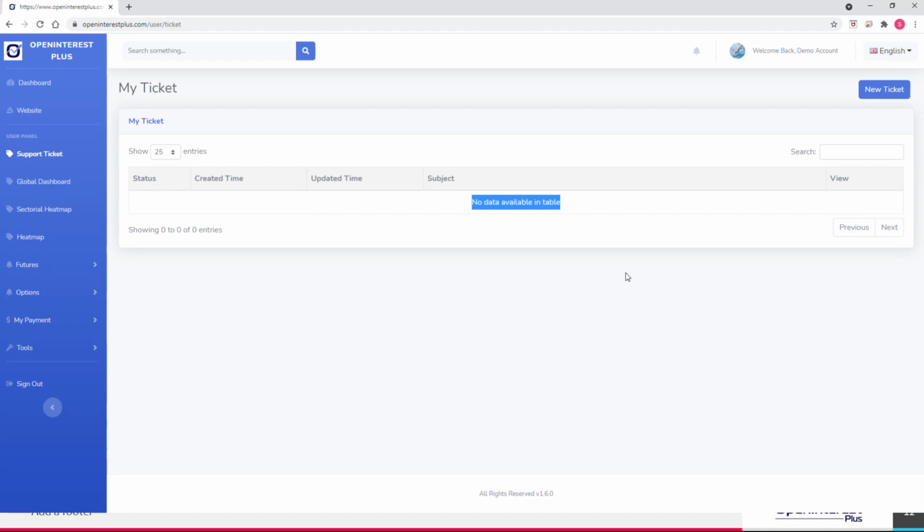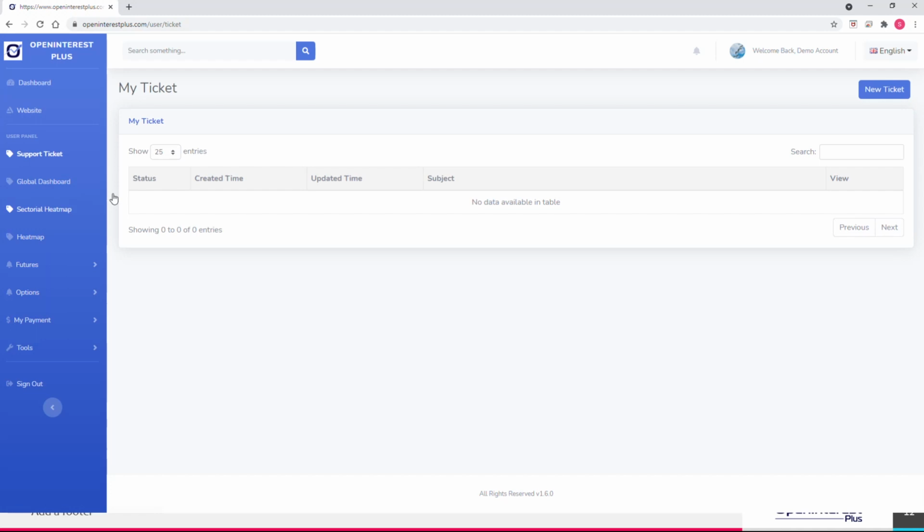I look at the ticket that you have raised, and I'll try to respond. So I would suggest you provide all the right information, like the right email address and telephone number, so that if required, I'll be able to reach you and provide the relevant support.